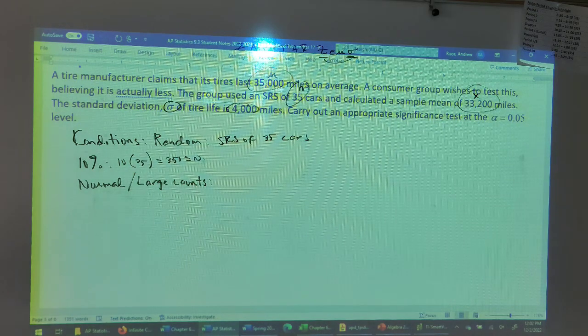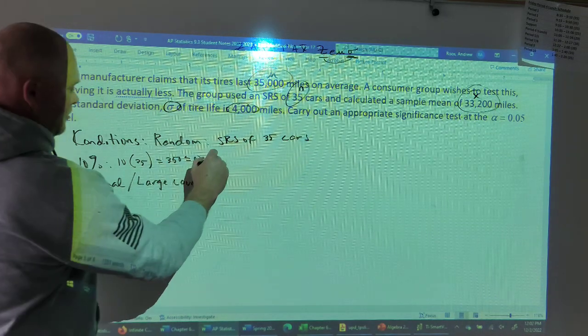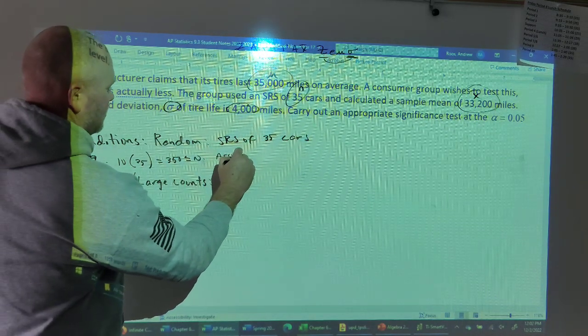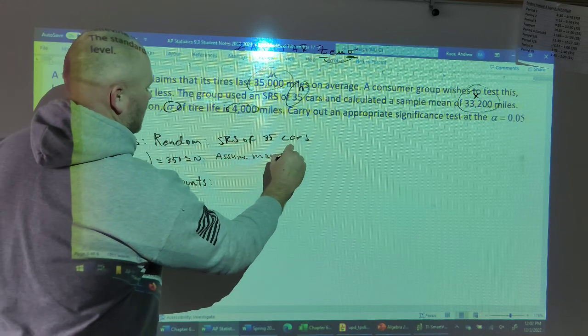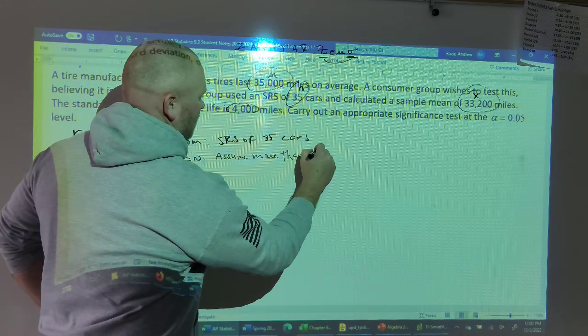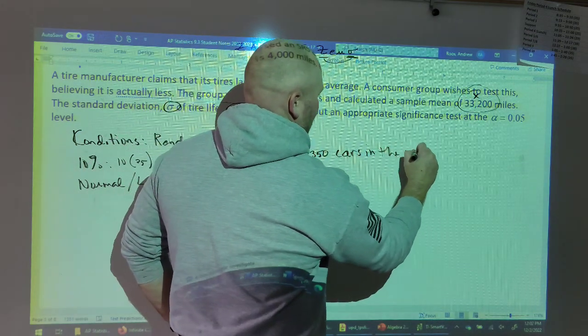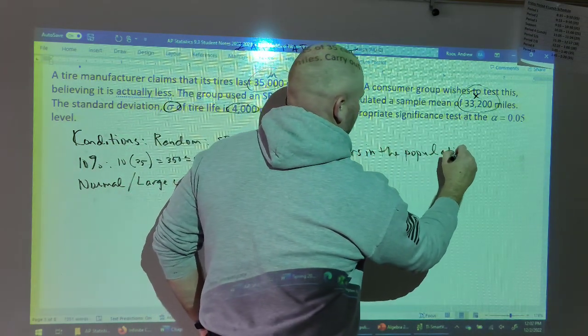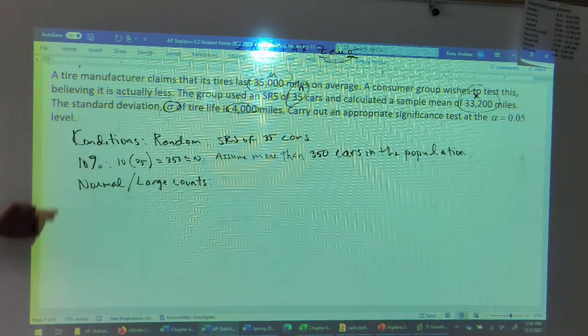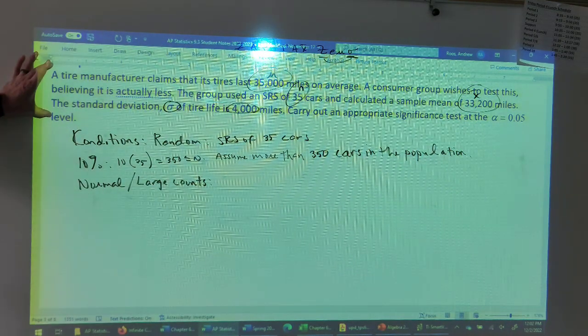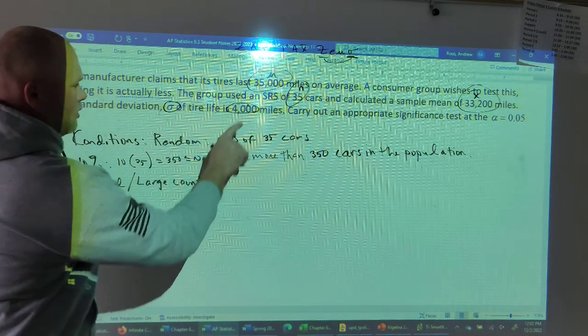Now, we're not really told what the population is, so we're just going to assume more than 350 cars in the population. Normal large counts: we're not told this is normal, so go to sample size.